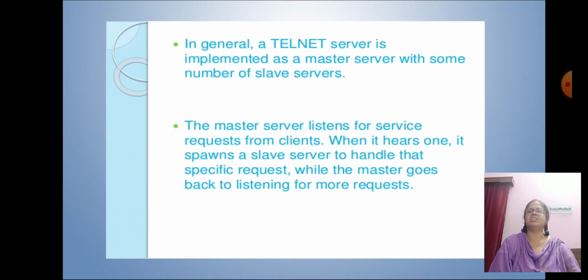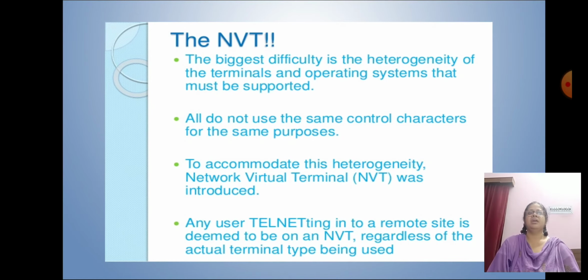After the connection is established, both ends of the Telnet connection are assumed to be originated or terminated at the NVT, Network Virtual Terminal. The NVT is a network wide terminal and it is host independent.